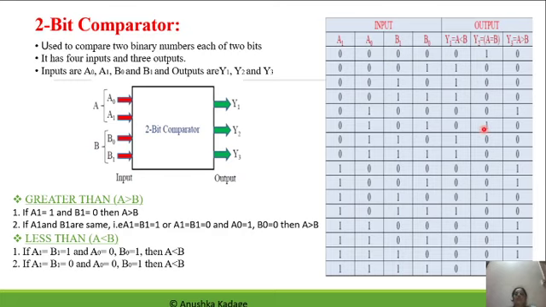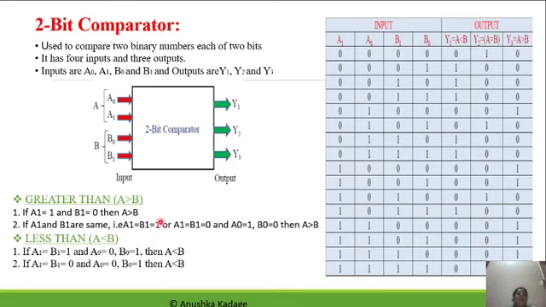Here that is presented when A0 is equal to B0 and A1 is equal to B1. Similarly, in this situation, A0 equal to B0 and A1 equal to B1, and in the last also both the bits are equal. Then only we are presenting A equal to B output to be 1.